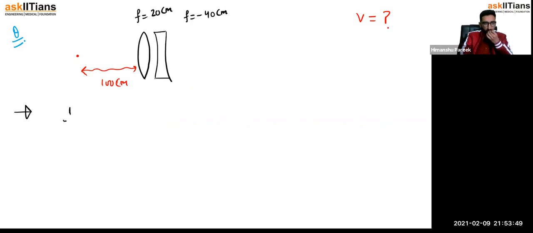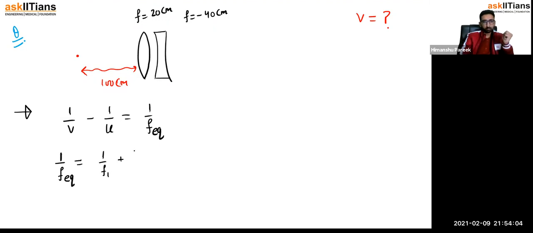First of all, I can simply write 1 by v minus 1 by u is equal to 1 by f equivalent. And the lenses are kept very close to each other, so I can use 1 by f equivalent is equal to 1 by f1 plus 1 by f2. So I would write 1 by 20, and this 1 by minus 40.